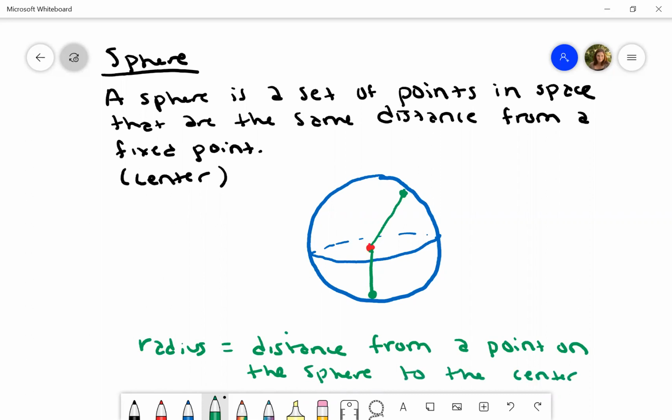And of course, it's similar to the radius that we see on a circle. So it would also be this length right there. And it has a diameter just like we would for a circle.